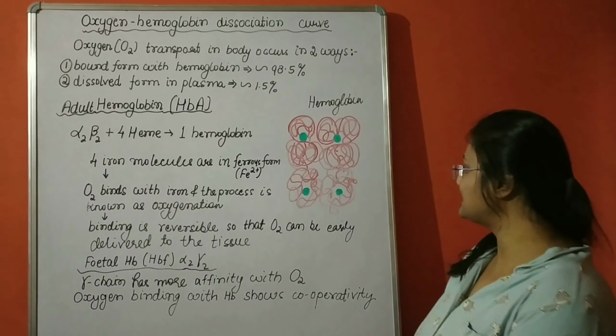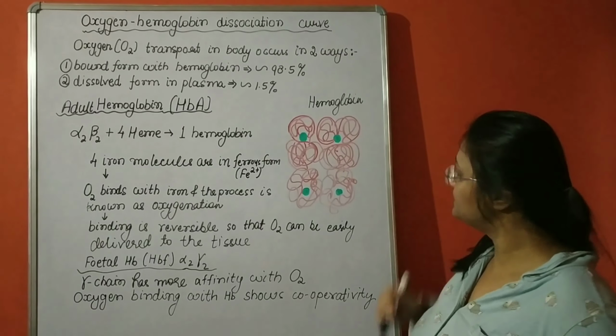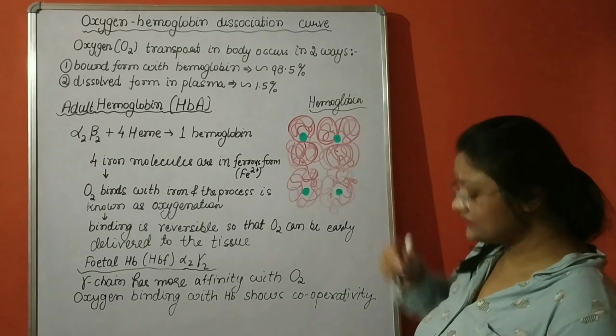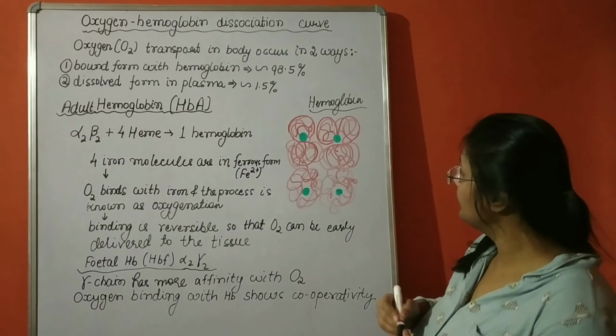Now let us discuss the structure of hemoglobin. This is hemoglobin. It has 4 polypeptide chains, and 2 of them are alpha subunits and 2 of them are beta subunits.